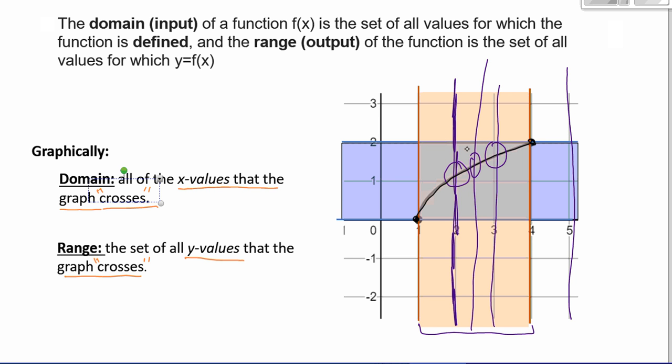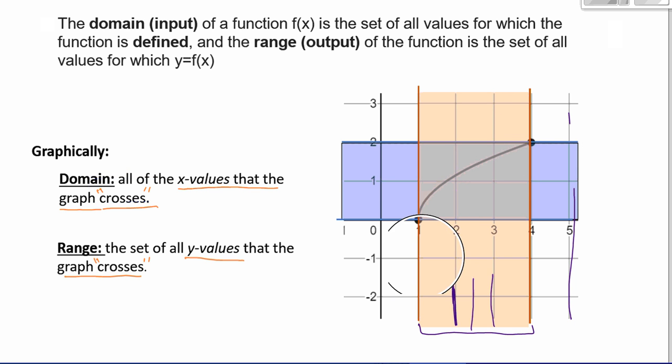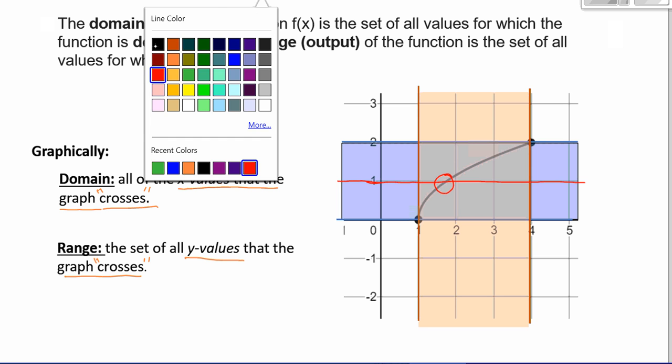So that's domain. Now, as far as range goes, it's the same idea, but now we're going to look at the y values. So we're looking up and down rather than left to right. But it's the same idea. If I were to draw a line right here at y equals 1, does it cross the graph somewhere? Yeah, it crosses right there.